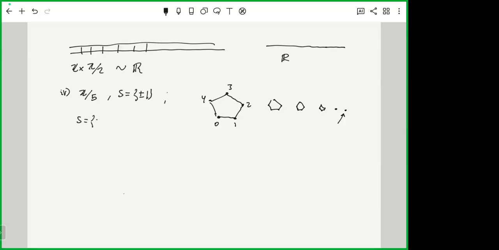Say I choose plus minus 1, plus minus 2, and then the Cayley graph would look something like this. But again, from far away, this looks like a point. So in general, if G is finite, it looks like a point from far away, which is not surprising.